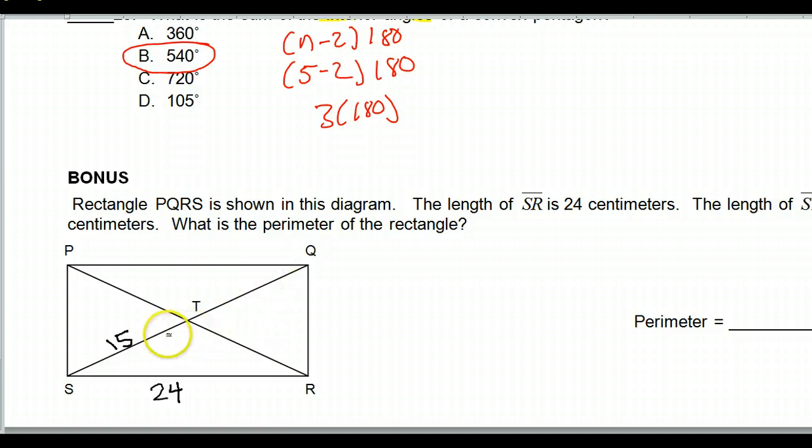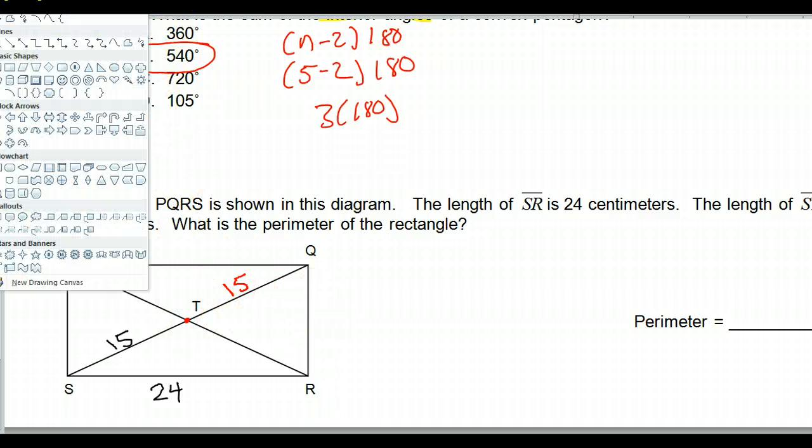Well, in any parallelogram, the diagonals bisect each other. That means that this red dot that I'm about to draw is the midpoint of both segments. So if this is 15, then this is 15 over here. The key is looking at the correct triangle.